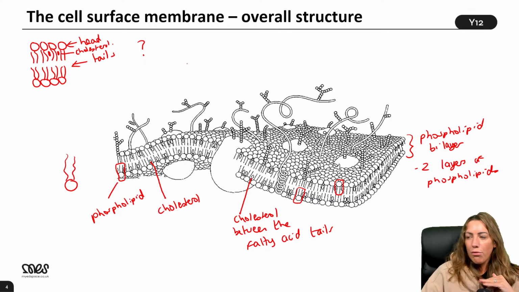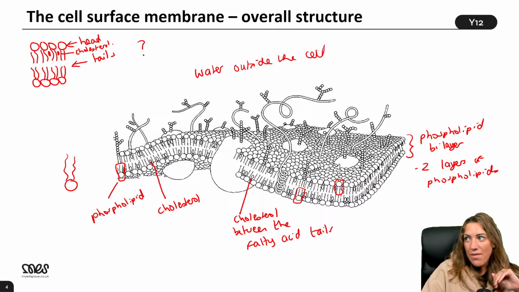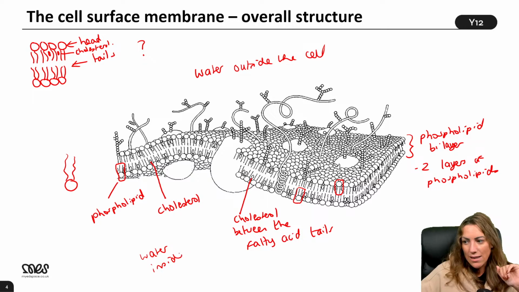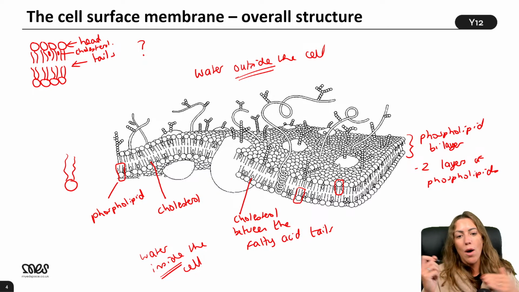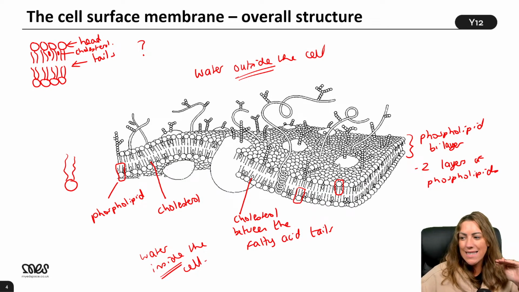What you might not realize is there is water outside the cell, and there is also water inside the cell. So if this is outside and this is inside, there is water on both sides. There's water inside the cell in the cytoplasm.